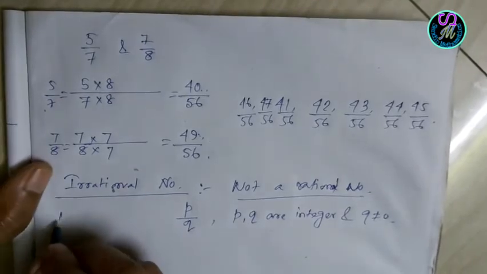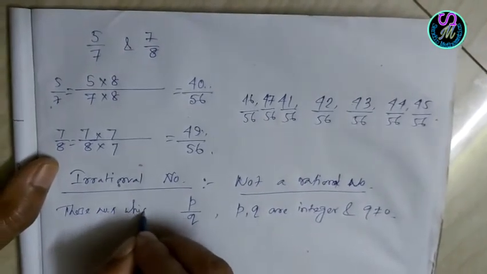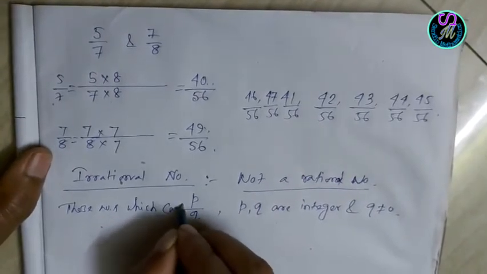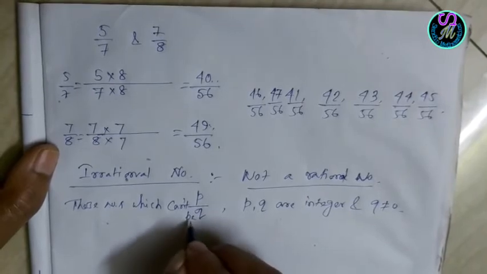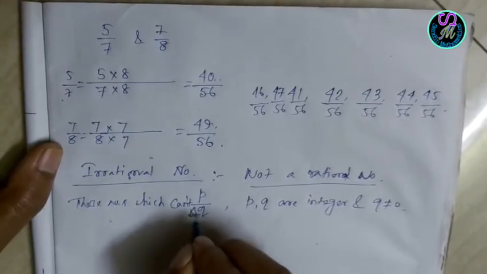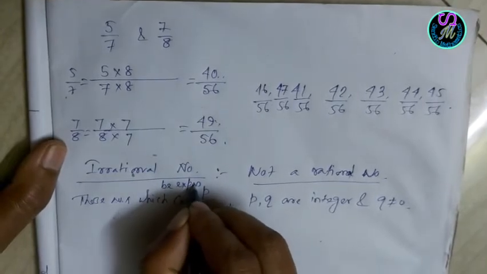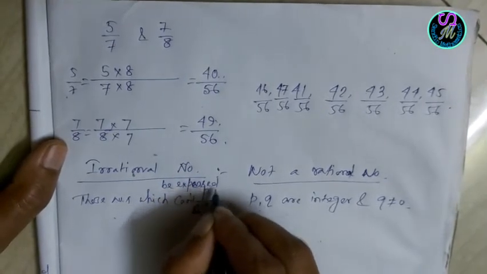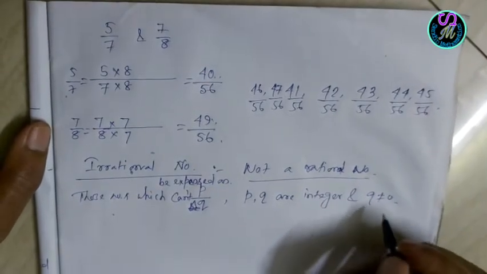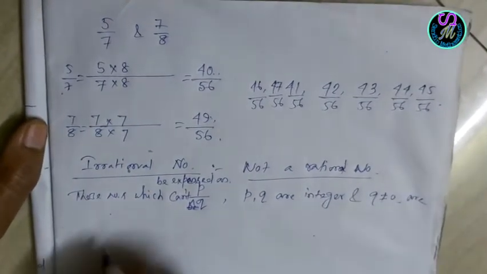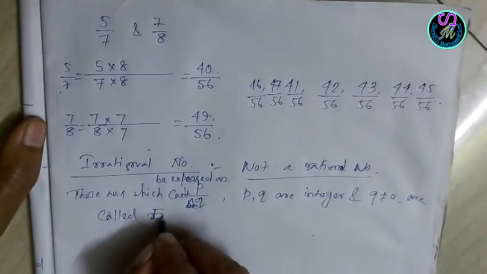So those numbers which cannot be expressed as p by q, where p and q are integers and q not equal to 0, are called irrational numbers.